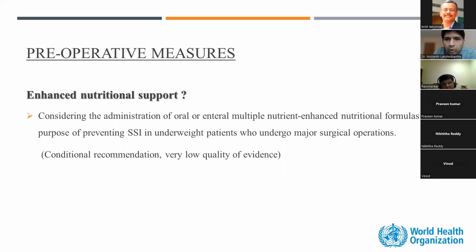Simple, no? You had underweight, so malnutrition. Malnutrition is a risk factor for anything, even post-op wound healing, anastomotic healing, prevention of SSI. So if you give good nutrition, of course the chance of a better outcome will be much higher.